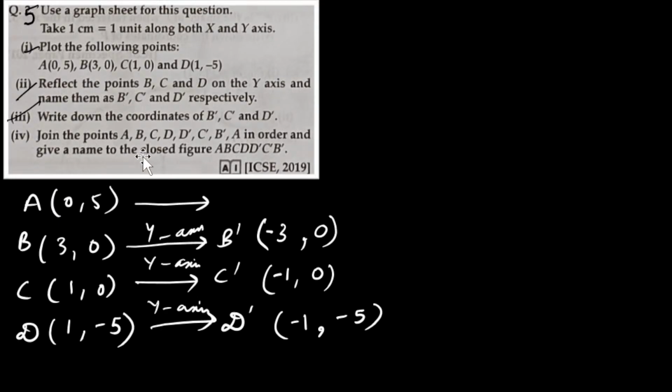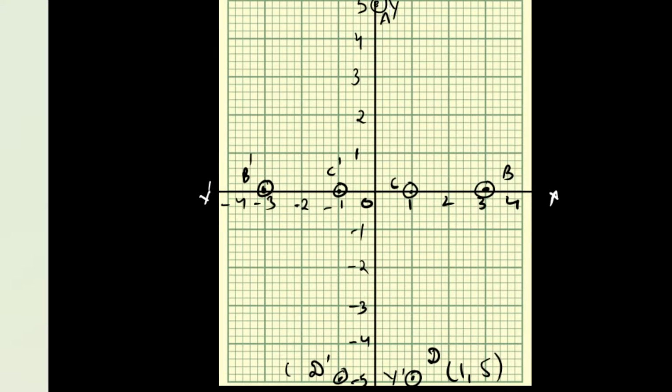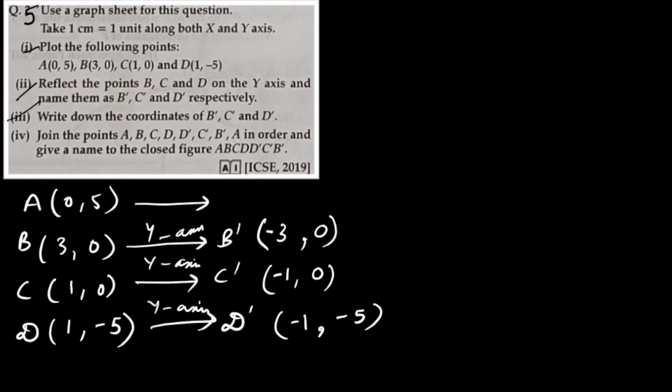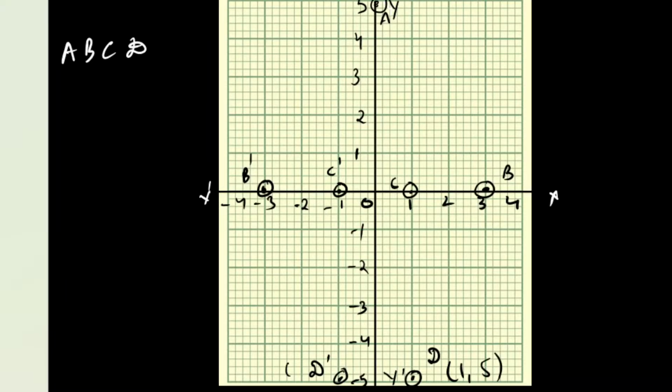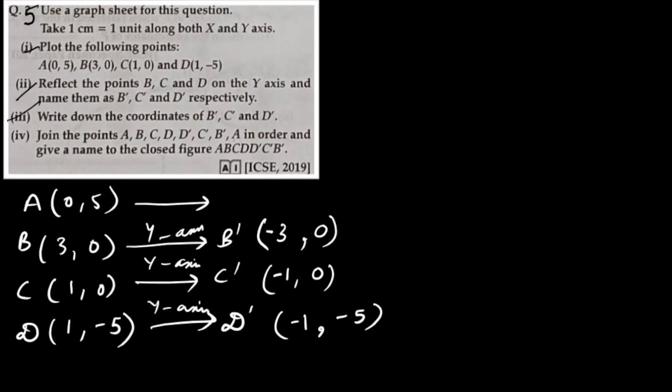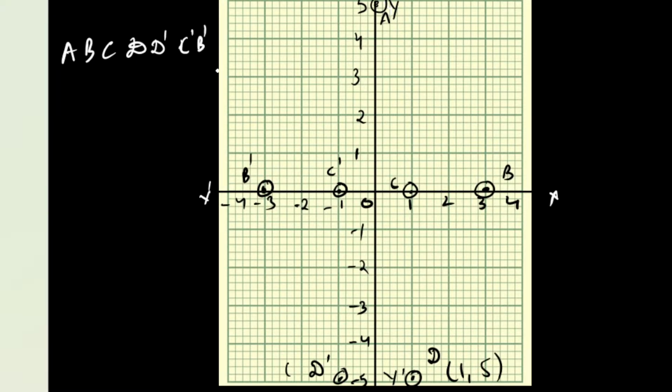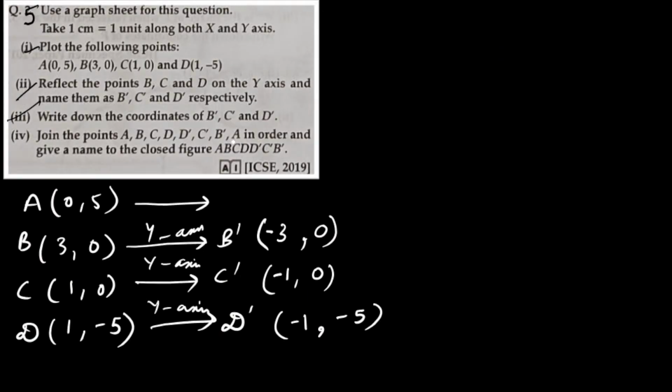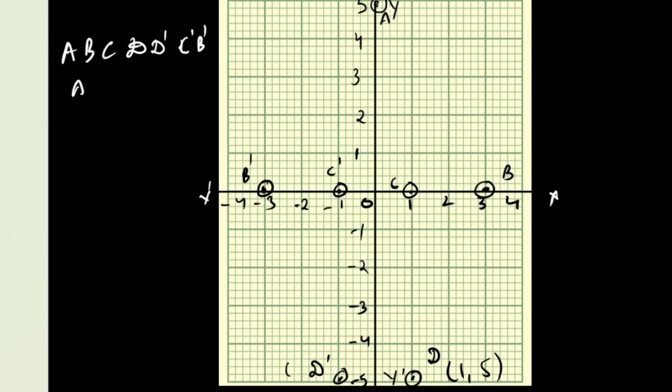Now we have to join points A, B, C, D, D dash, C dash, B dash, A. After D, in the same order, we do D dash, C dash, B dash, and the last one is A.